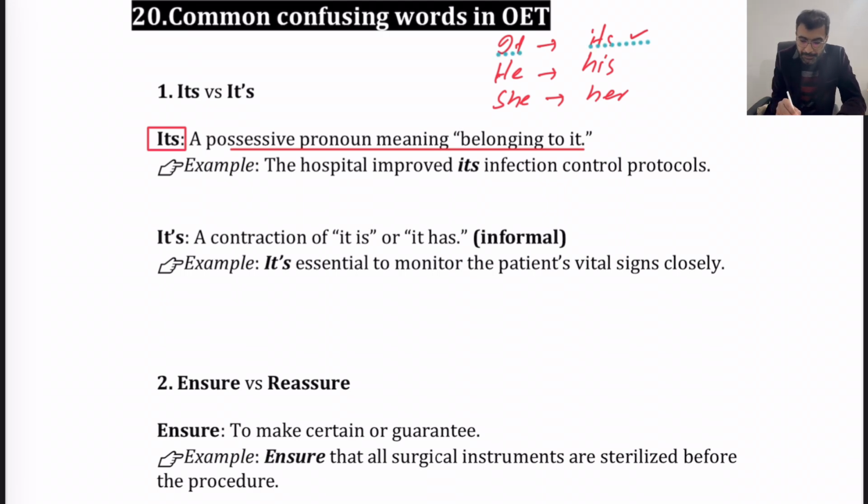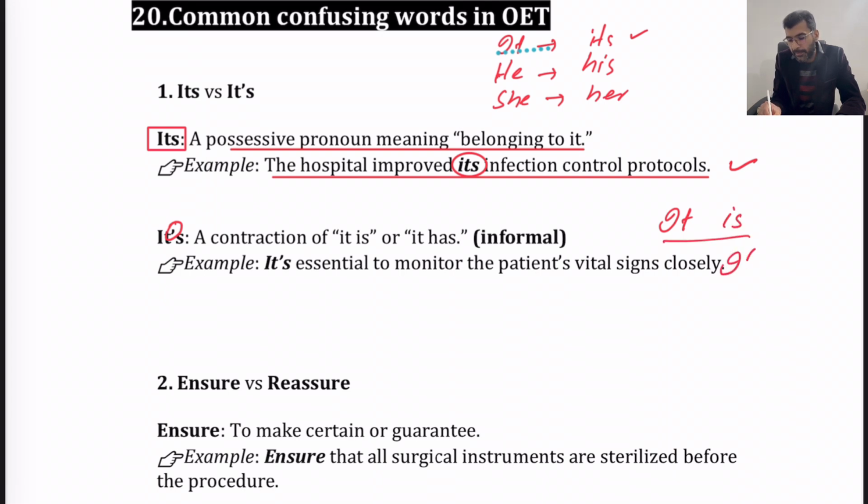So let's see. The hospital improved its infection control protocol. So its infection control protocol is the possessive form. This is different from it's, with apostrophe s. This is the contracted form of it is. Instead of it is, we write it's.